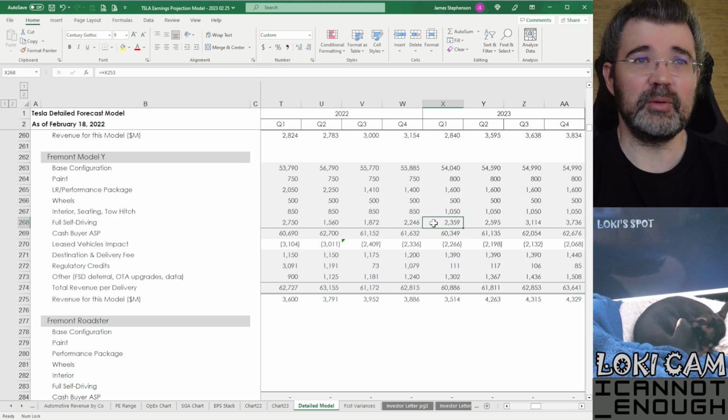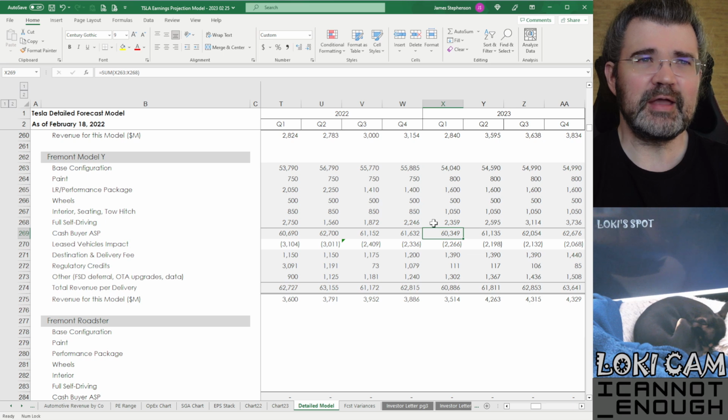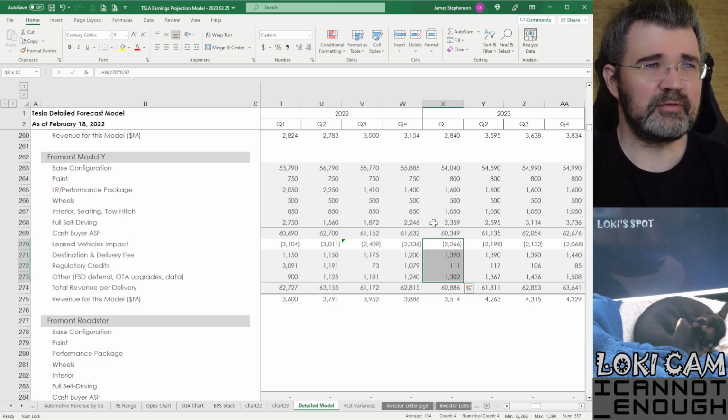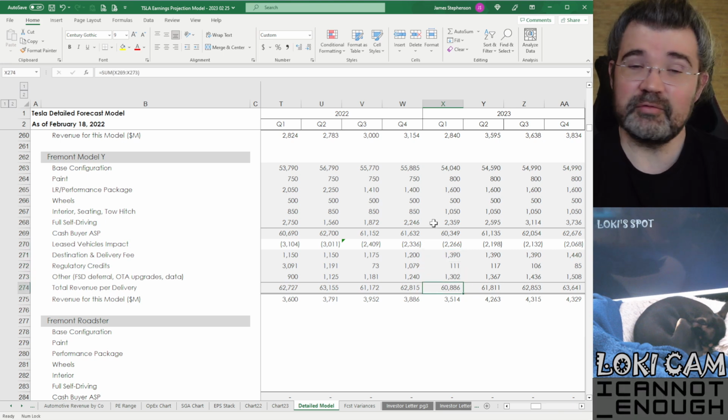It's the same assumption we made above for the Fremont Model 3. And so that gets you to a cash buyer ASP of 60 grand, and then after the net of these adjustments for leasing, destination delivery fees, regulatory credits, and other, it still kicks out the same number for revenue per delivery.